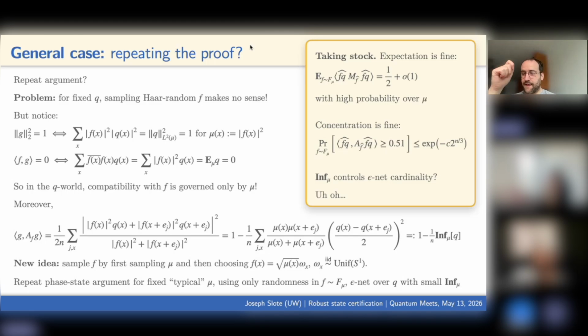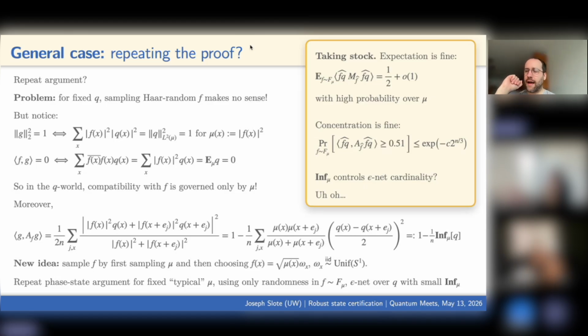Unfortunately, in the case where F is not a uniform phase state, with coefficients of uniform magnitude, it's not true that the influence of Q bounds the cardinality of an epsilon net. It's just simply not true anymore.